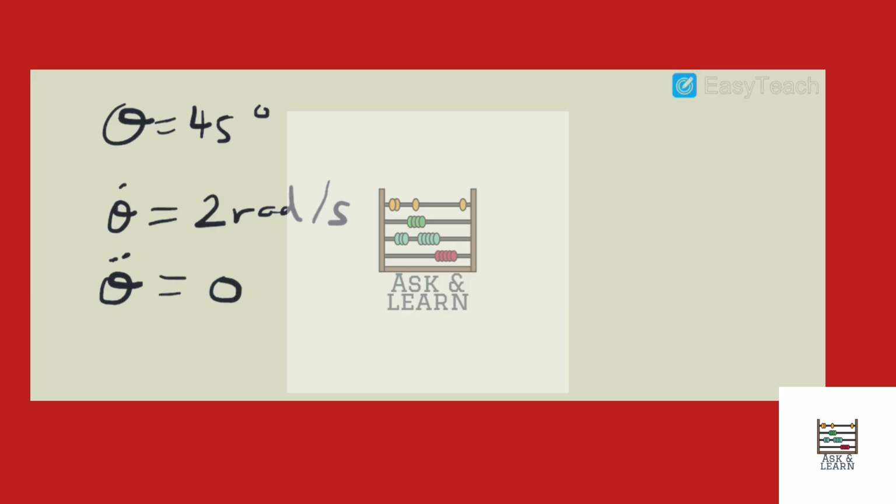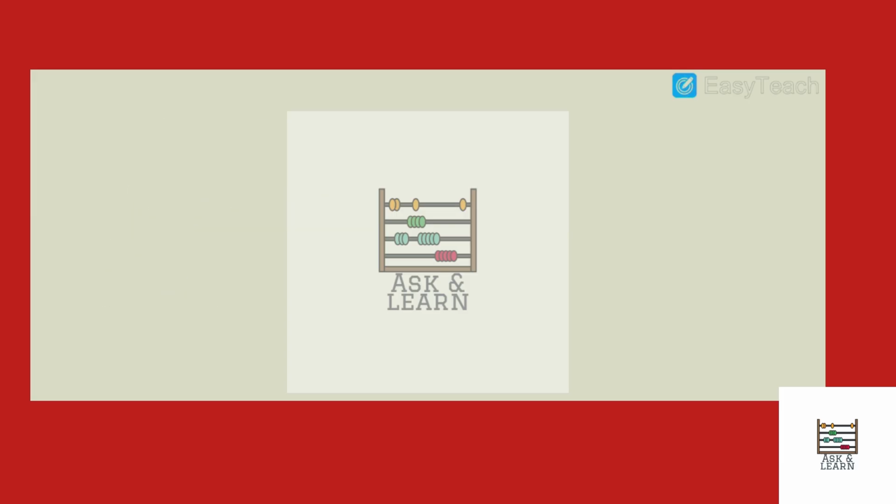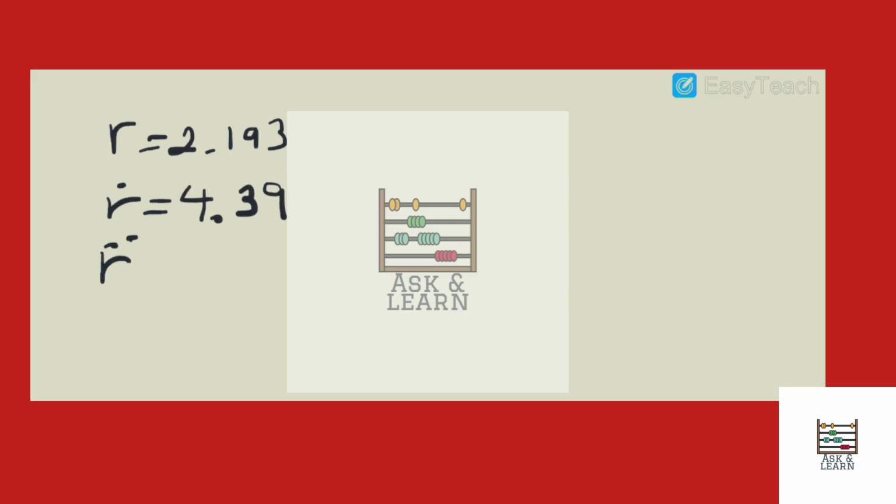Knowing these pieces of information, we can compute r dot and r double dot, and we find that r is equal to 2.193, r dot is equal to 4.39, and r double dot is equal to 8.77.